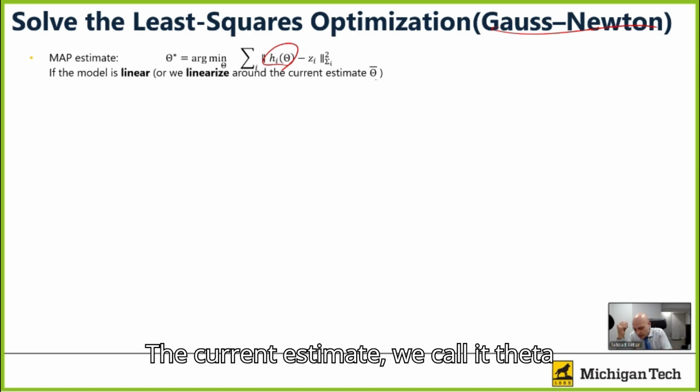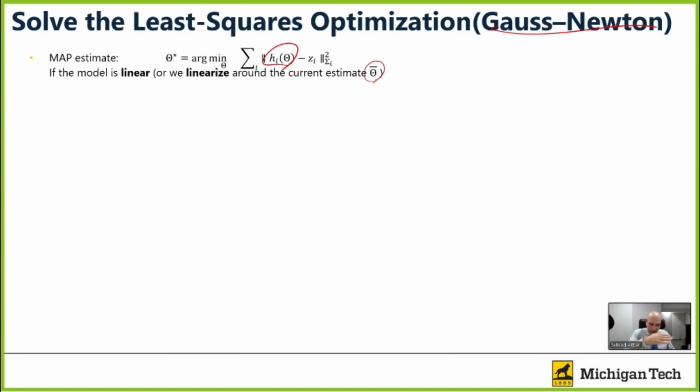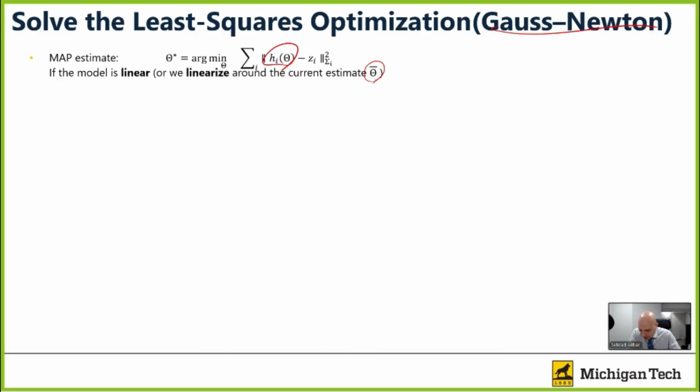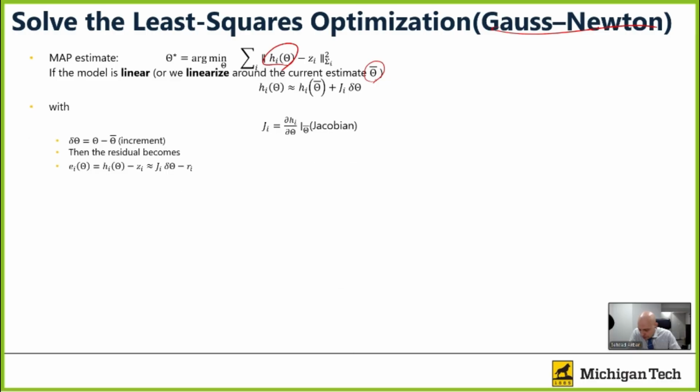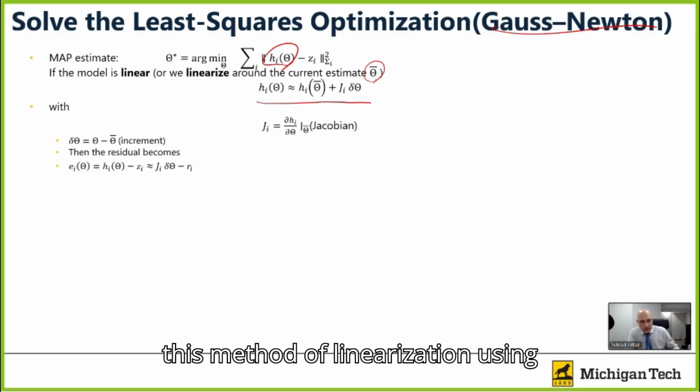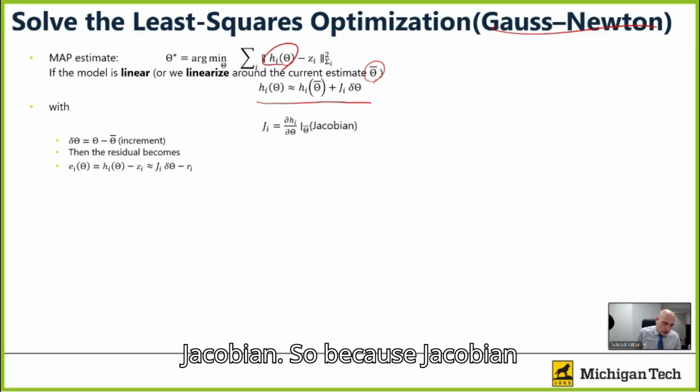The current estimate, we call it theta bar, and we are doing this linearization. Of course we can linearize that, and we can linearize that. We already saw this method of linearization using Jacobian.